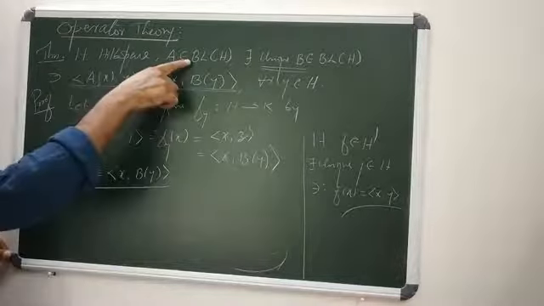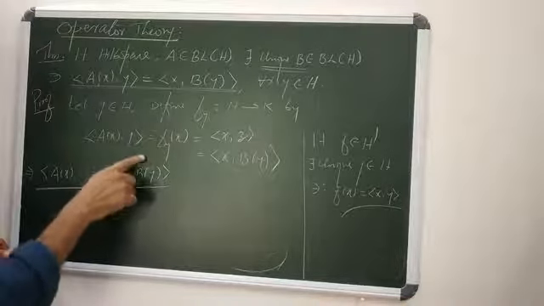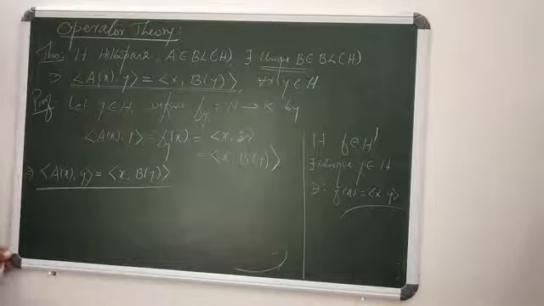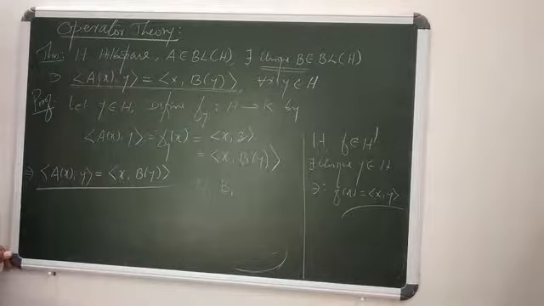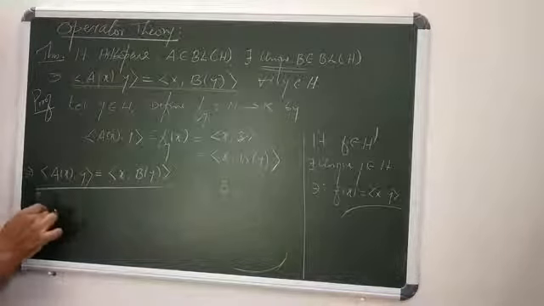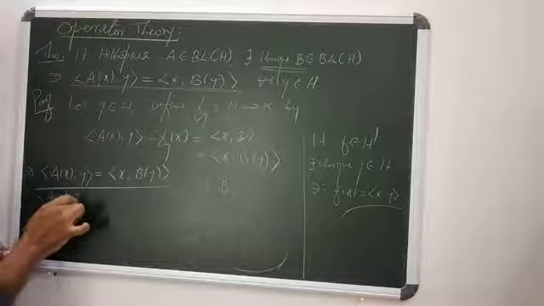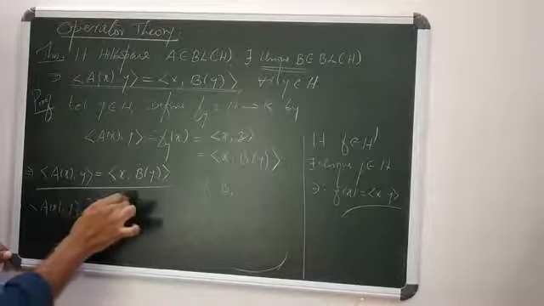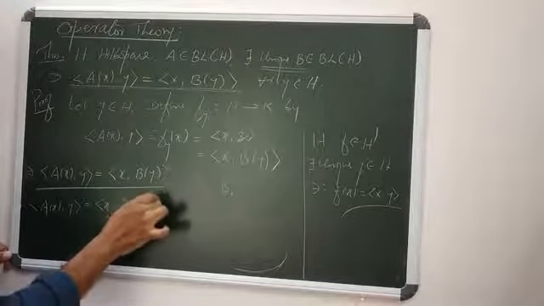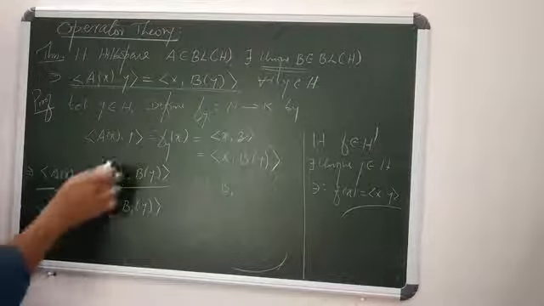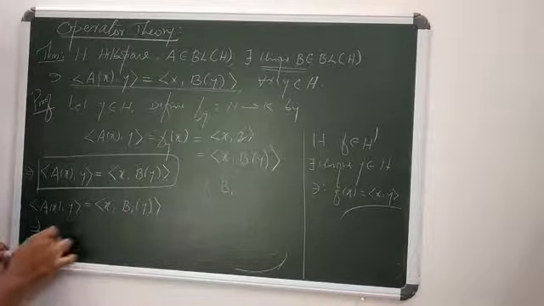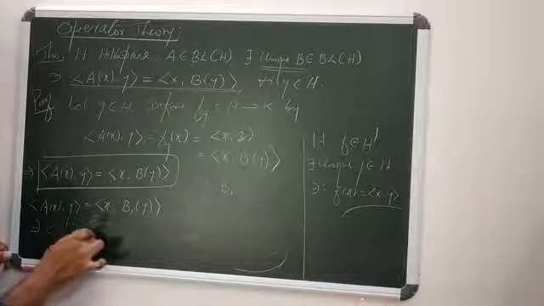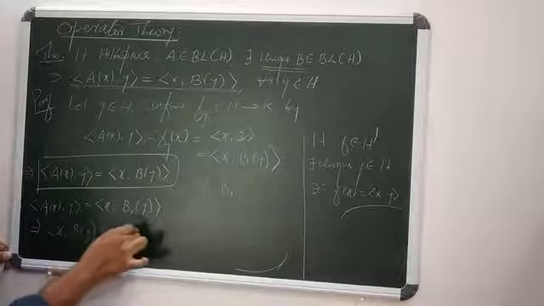Next we want to show the uniqueness of B. If possible, there exists some B1 which also satisfies this condition, that is inner product axy equals inner product xB1y. So from here, inner product xBy equals inner product xB1y.